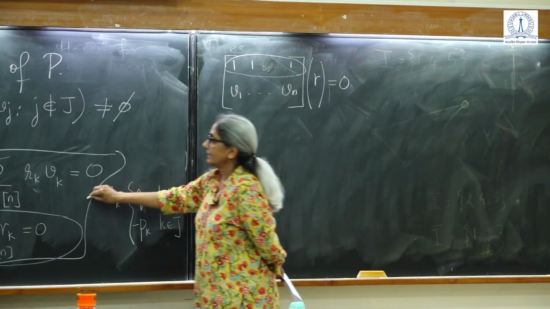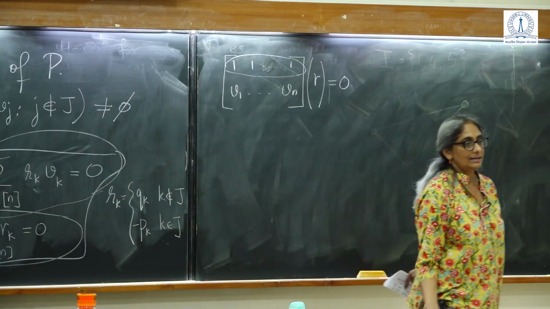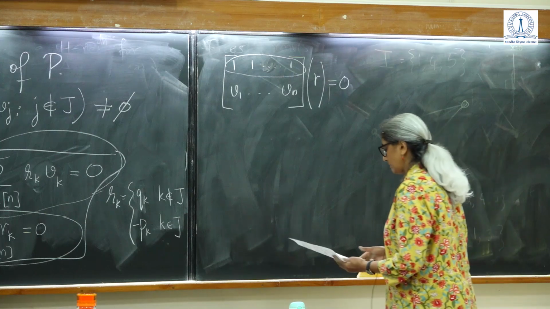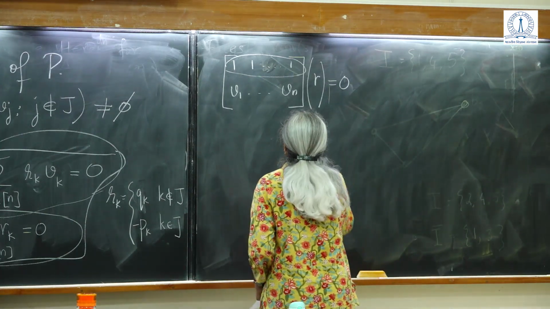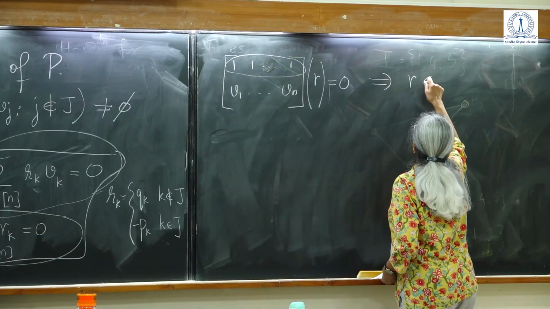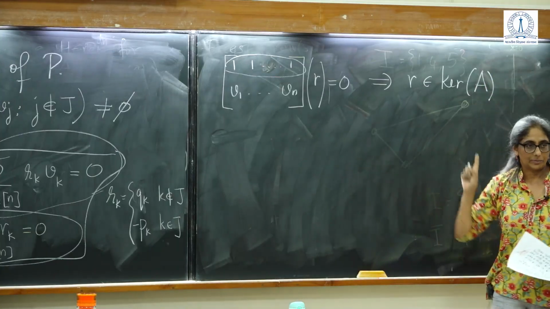And this piece is saying that the combination of all the VKs with RK is also 0. Do you agree? So this R vector lies in the kernel of the A matrix. Are we good with this?